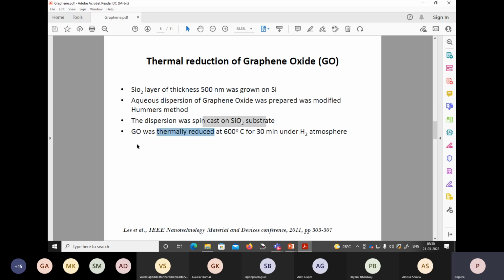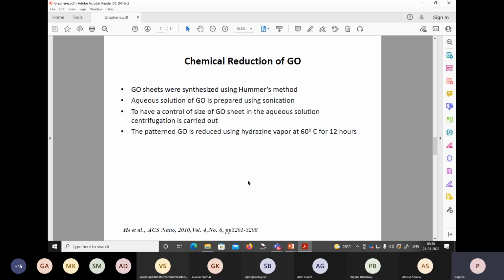For example, you can chemically reduce graphene oxide. There are chemicals, for example, hydrogen or NaBH4. This is a chemical reduction technique. In chemical reduction, you put this graphene oxide in a sonication bath in a solution, and you apply, for example, here I have written hydrogen, but apart from hydrogen there are other chemical solutions that can be used.